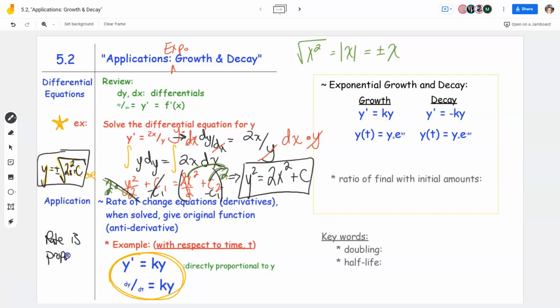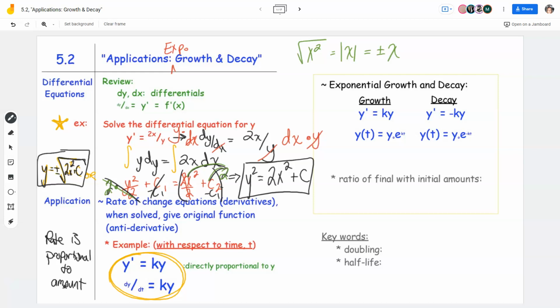If they don't say directly and they don't say inversely, it's assumed. If the rate y prime is proportional to the amount, it is k times, from pre-cal, the amount y. I can say that this is the differential equation.